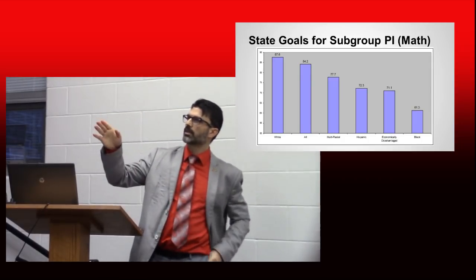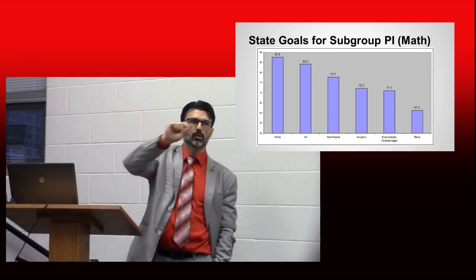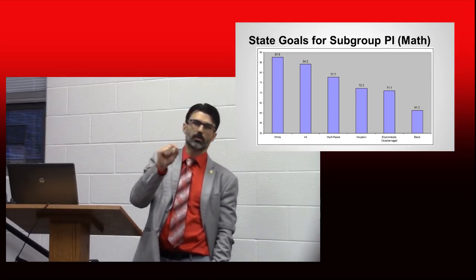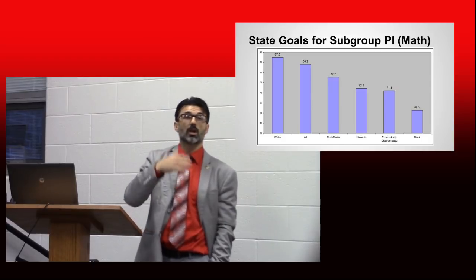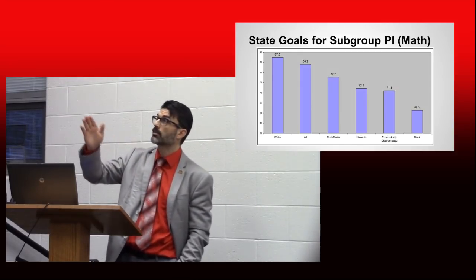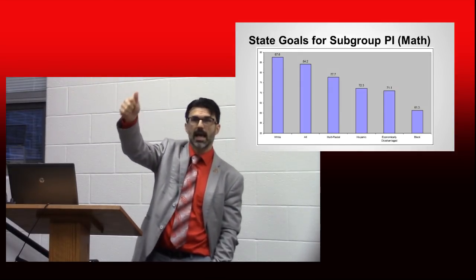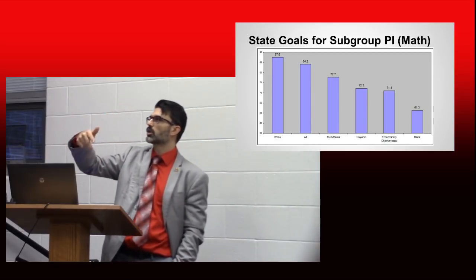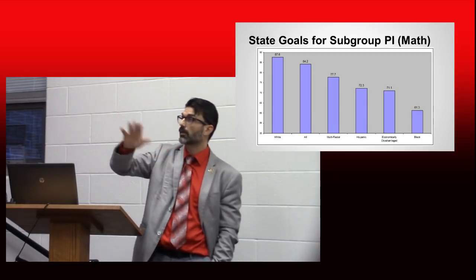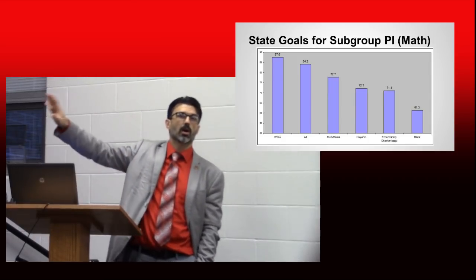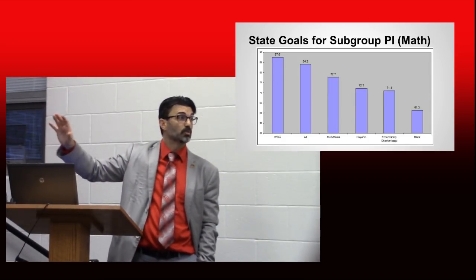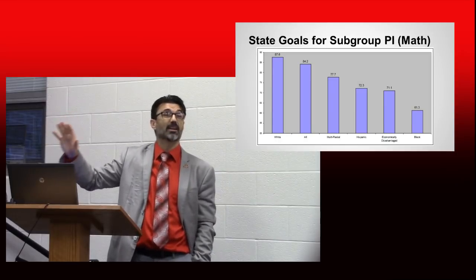These bars represent the state goals for performance index on math by subgroup. When we talk subgroups, we talk about outcomes of kids whether they're categorized as white, multiracial, Hispanic, economically disadvantaged, black, those categories. What we know is, again, on our state tests, different groups of students perform very, very differently.